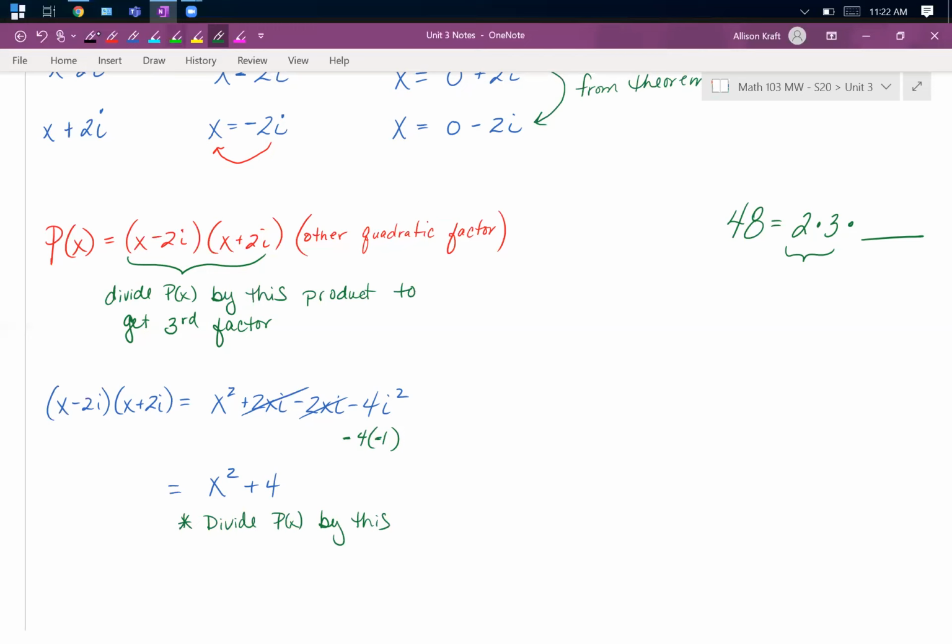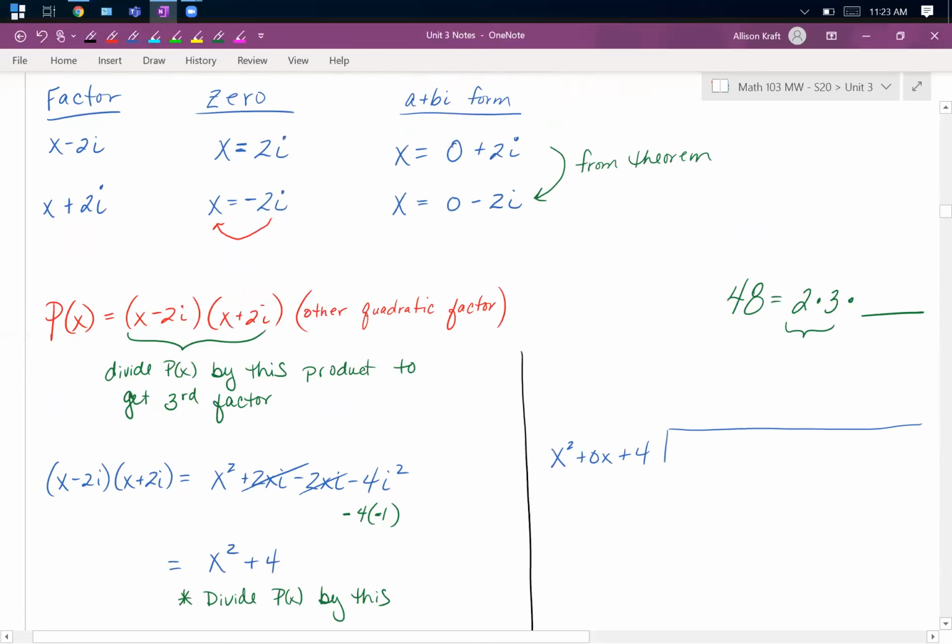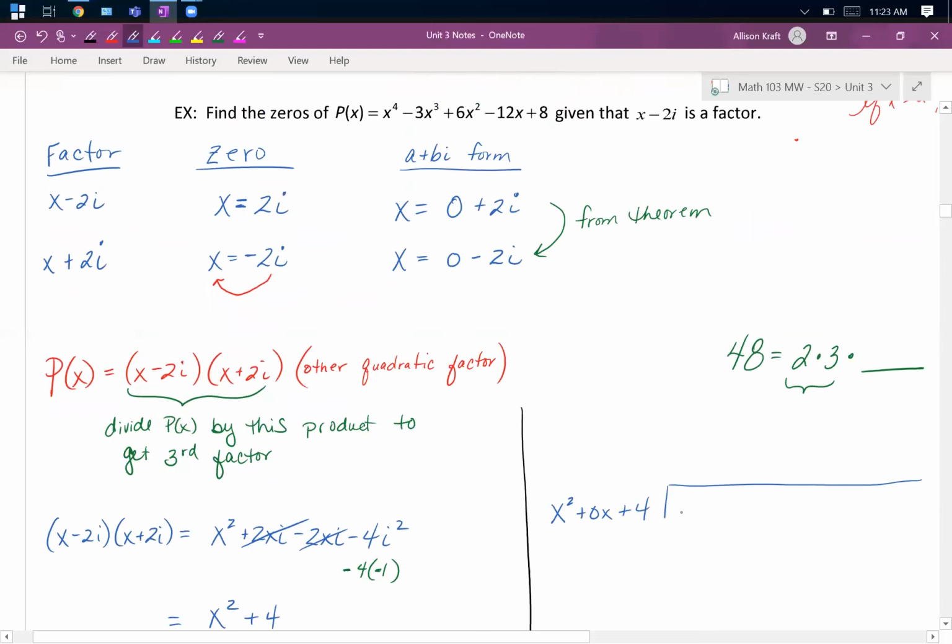Since what we're about to divide by is quadratic, we will not be able to use synthetic division. We'll have to use long division. And I would definitely put a placeholder in for the linear term in our divisor. Our dividend does not need a placeholder.